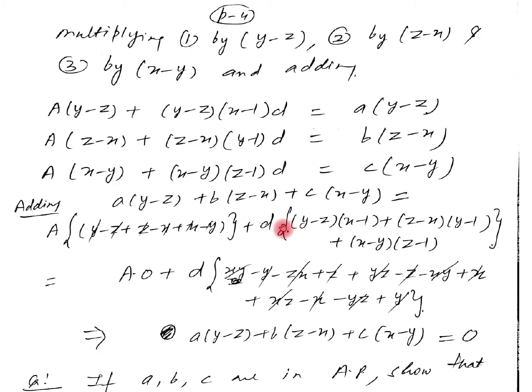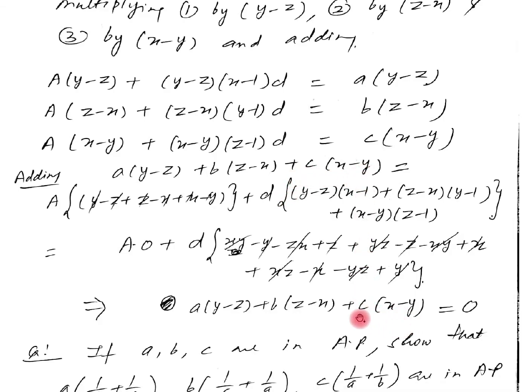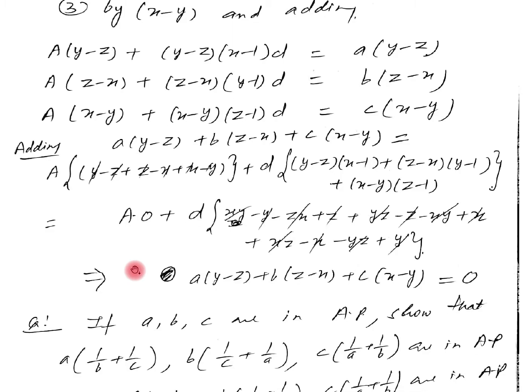I am writing y minus z into x minus 1 plus z minus x into y minus 1 plus x minus y into z minus 1. When I simplify all the terms in the bracket, all the terms will be cancelled. Therefore we can say a into y minus z plus b into z minus x plus c into x minus y equals 0. You can do the calculation in any way, but do the calculation very carefully.